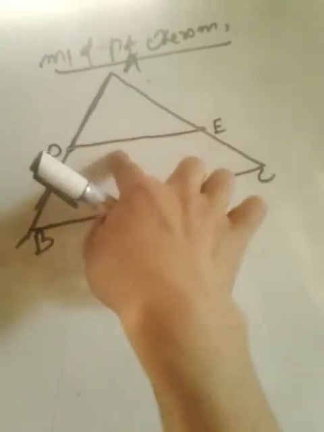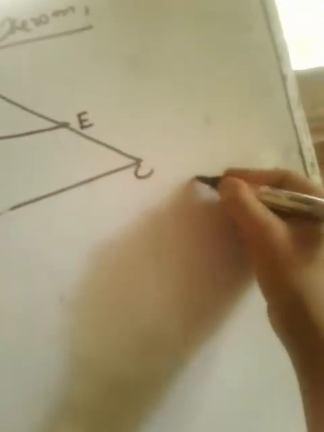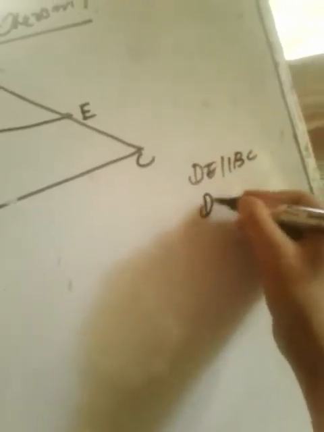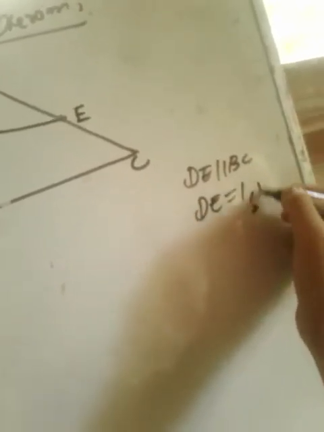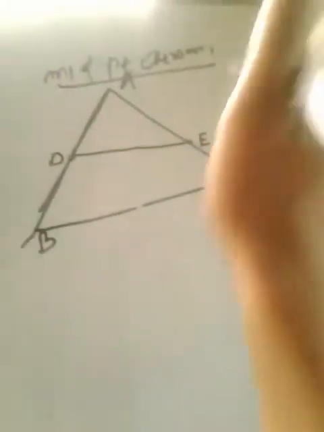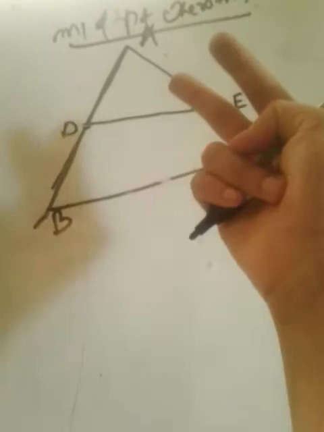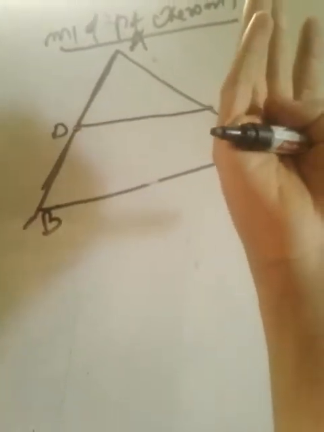According to the midpoint theorem, it would be parallel to BC and it would be half of BC. So if you find the midpoints of any two sides of a triangle, the segment is parallel to the third side and equal to half of it.